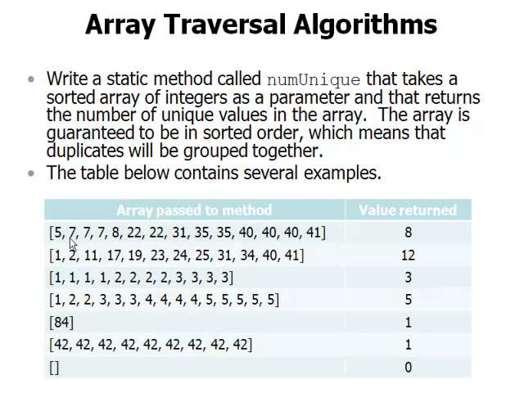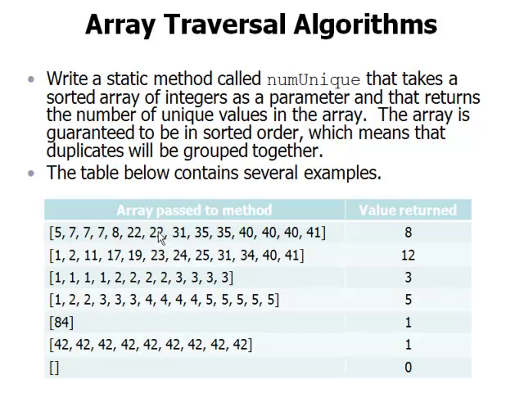We've seen one value. When we get here, our count would go to 2 because now we've seen 2 different values. When we get to here, our count would stay at 2. We've seen another number, but it's not a different number. So the count of unique would still be 2. Here the count would still be 2. Here the count would go to 3. And then when we move to here, count would go to 4.